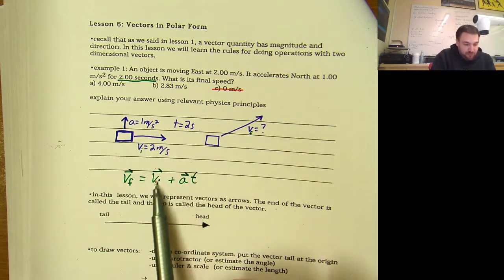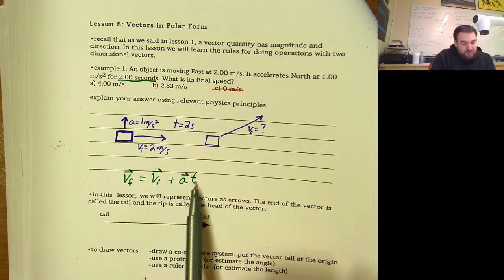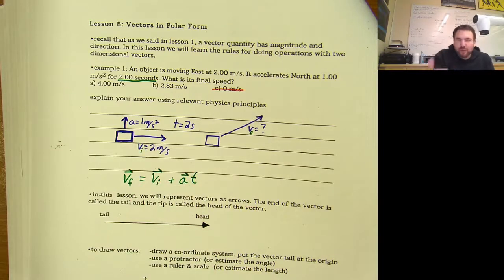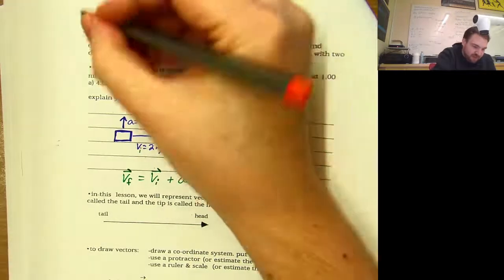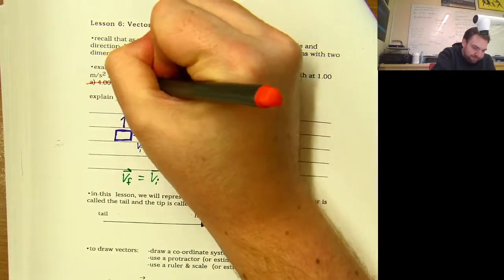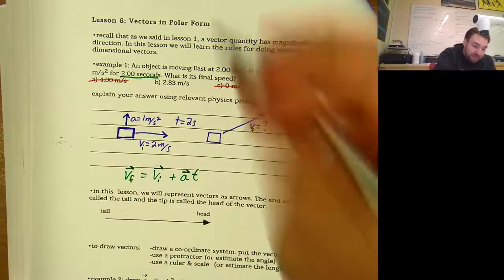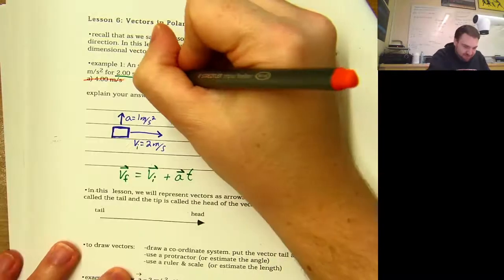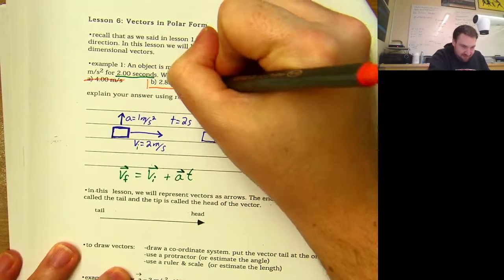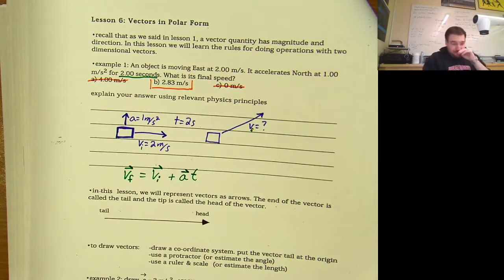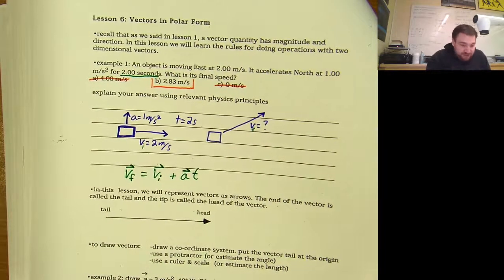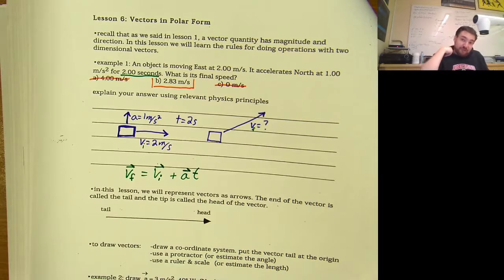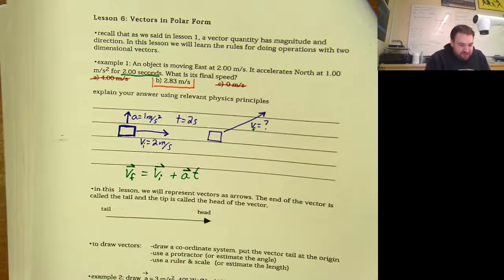The initial is 2. So 2 plus 2 is 4. But vectors don't add that way, and I'll show you here in a second. But just using this argument, we also know it can't be 4. So it's got to be B. Without doing any math, we don't know 100% for sure, but that's okay. I will come back, once we look at how we add vectors, and show you that this is right.